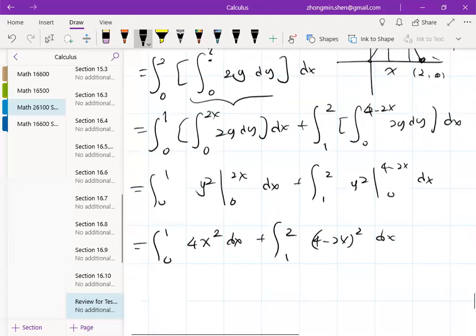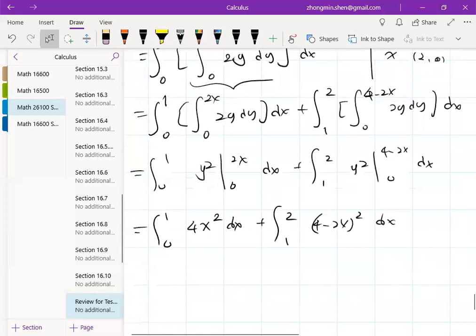The next step is just to evaluate this integral. Any question? No? You have a question? All right.